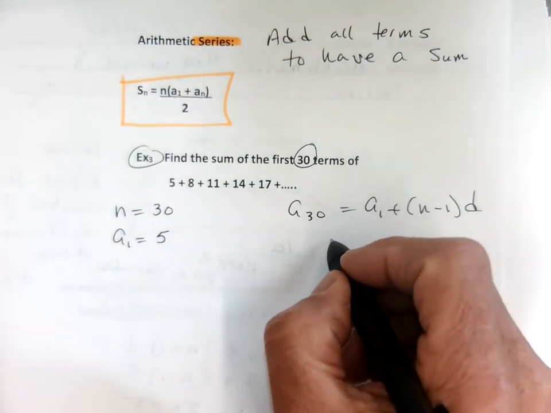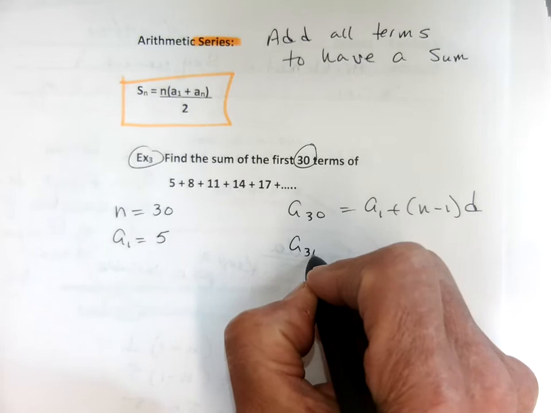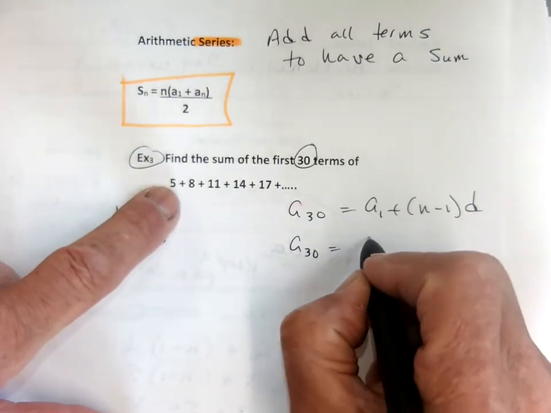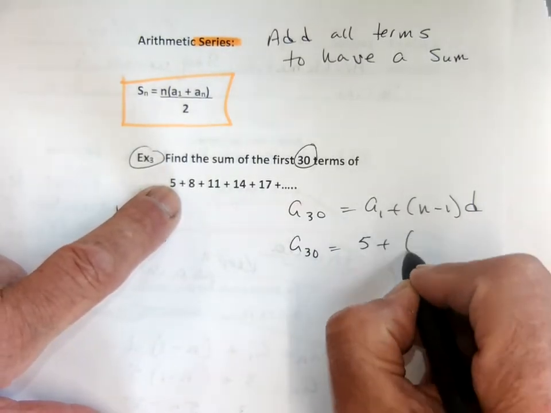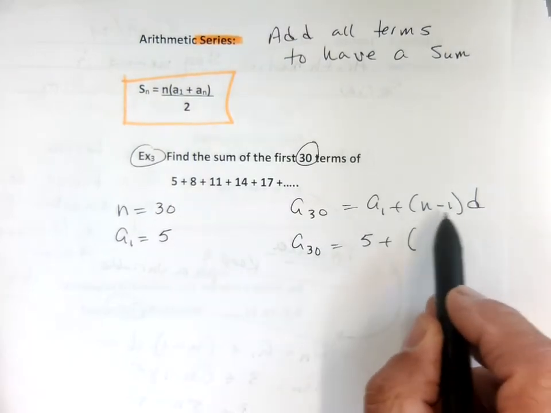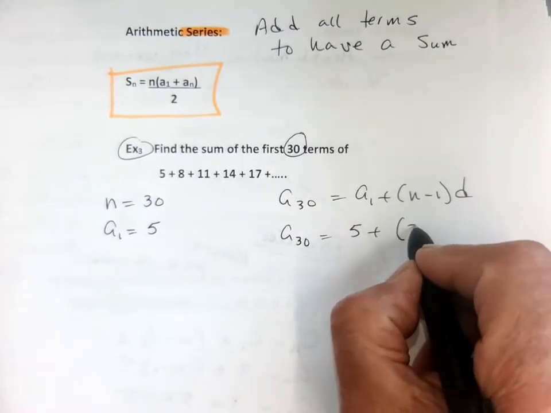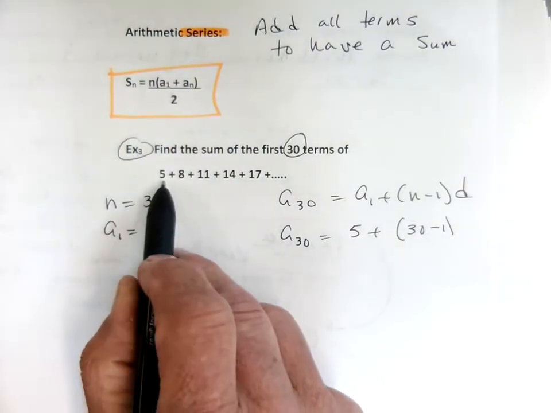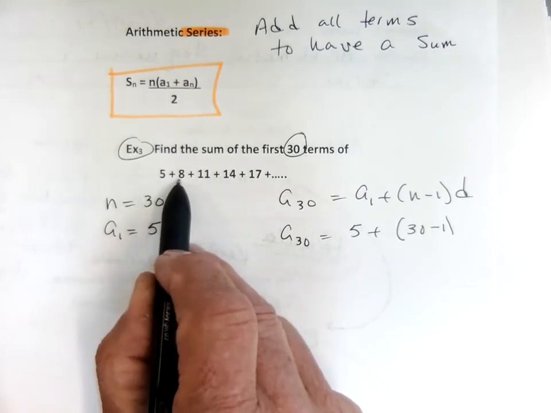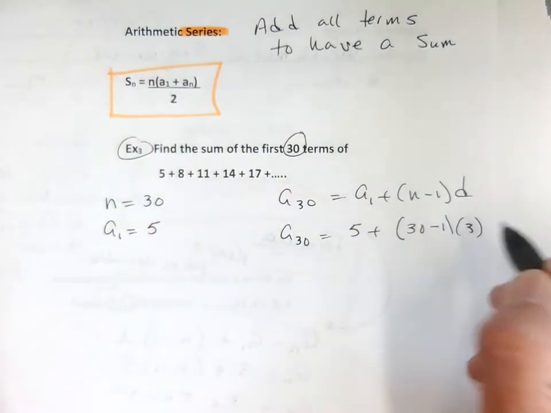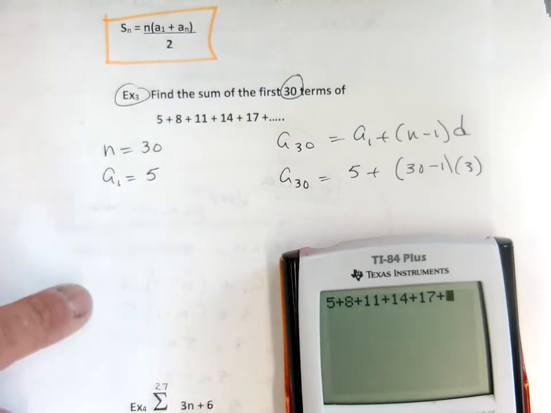So, to find the 30th term, A30 is equal to A1, which is 5. Now, there'd be 30 terms, right? n minus 1, n is the number of terms, there'd be 30 terms. And the difference is 3, right? Goes up by 3, up by 3. So, this should get my 30th term, and then I can figure out what the sum is, okay?